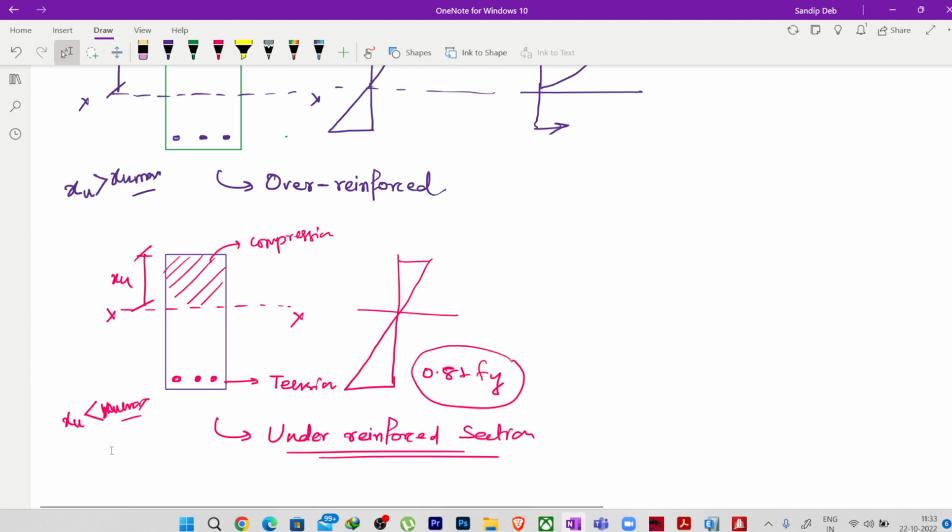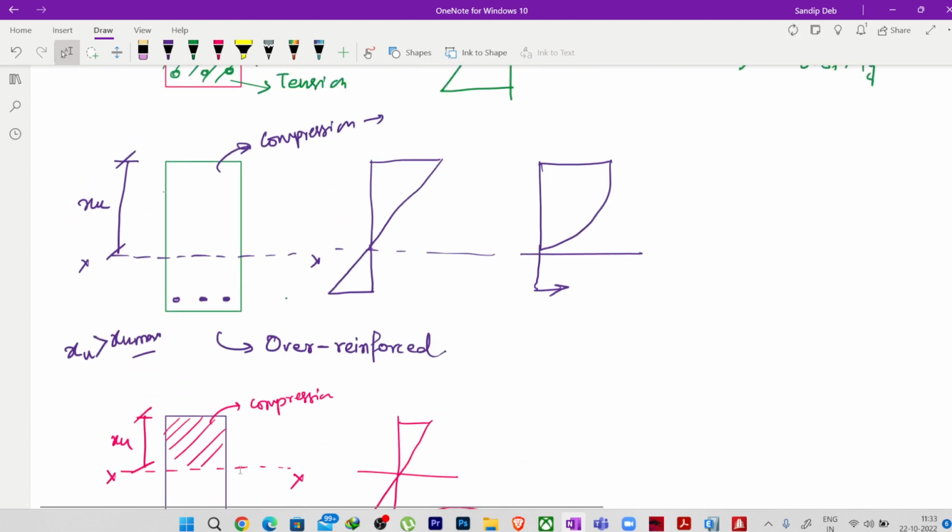Okay, then how can you find out this AST in such cases?